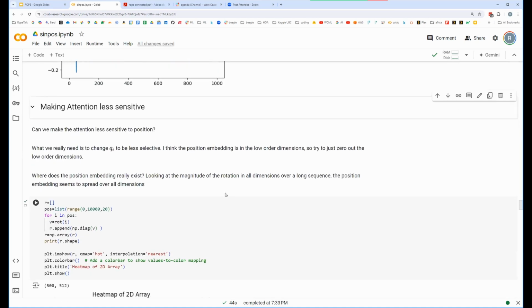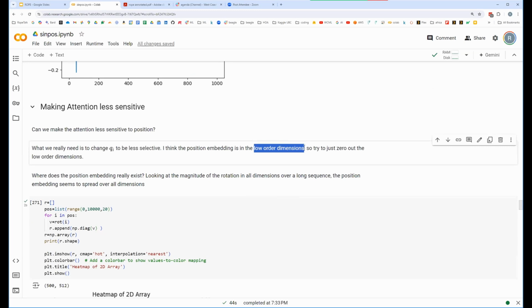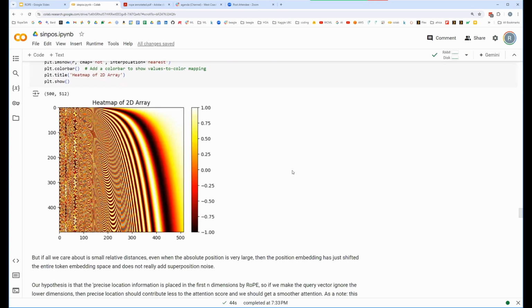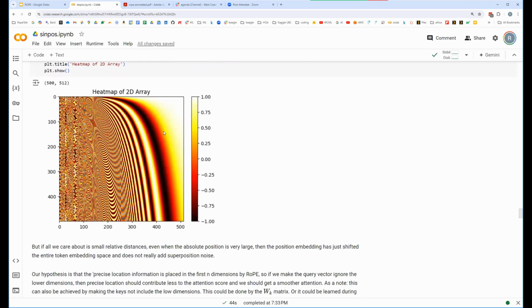So I wanted to see how we can make the query less selective. We had this idea that because the low dimensions of the embeddings oscillate really fast and the high dimensions oscillate more slowly, here's the map that reproduces, I think Ted posted one similar to this.